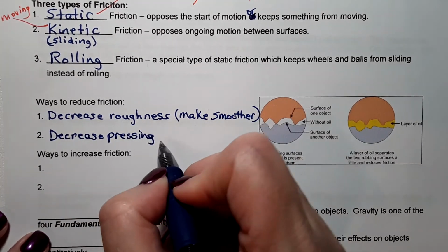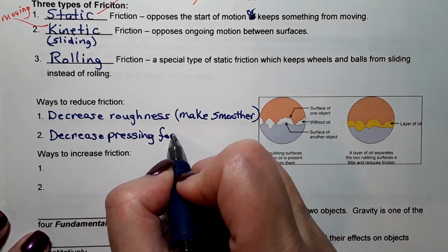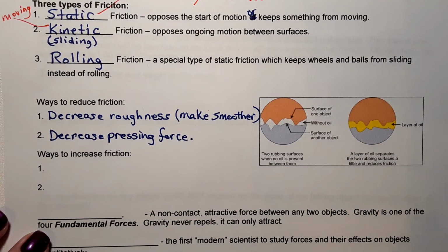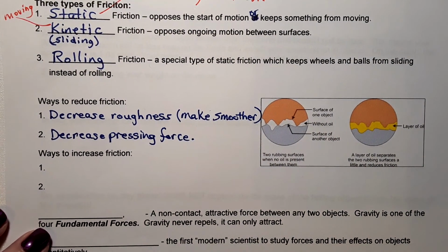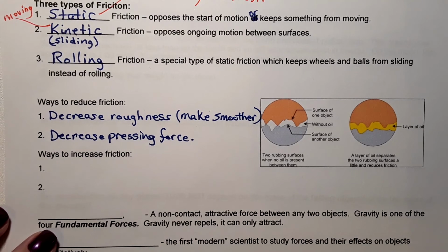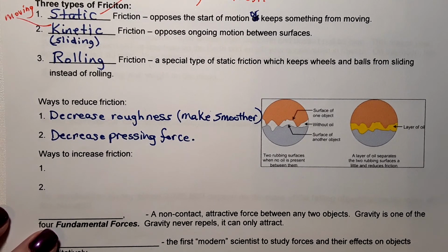Okay, and I'll tell you an example right here. One way you can decrease the pressing force is to decrease the weight of the object being moved. If you decrease the weight of the object, then that makes the friction smaller and you can move the object easier.